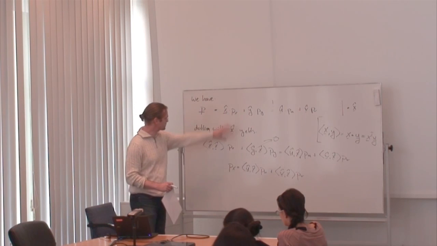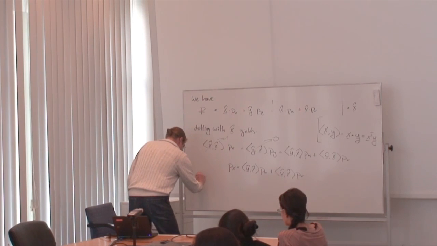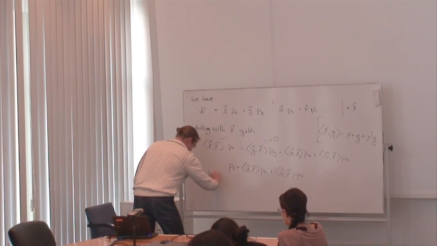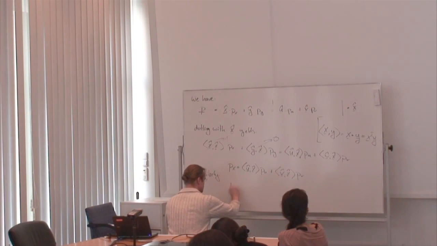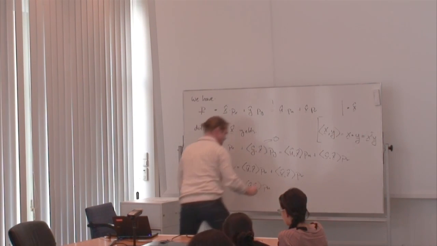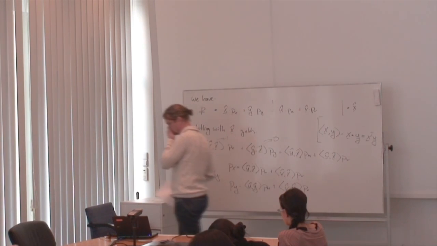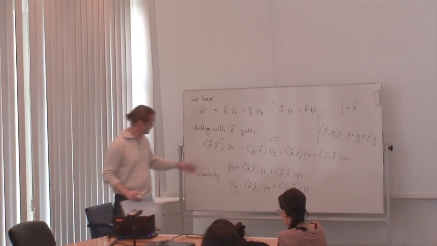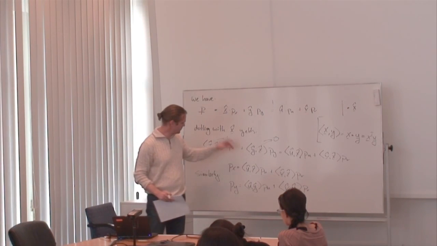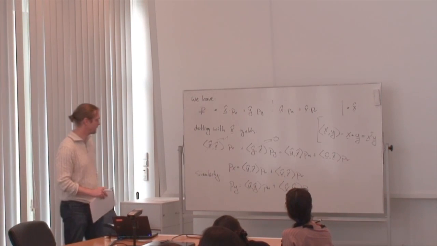If we were to dot this equation with y hat, we would similarly get that p_y is the same as u hat times y hat times p_u plus v hat times y hat times p_v. Basically, if we were to dot this with y hat, we would get a 1 here and a 0 here.